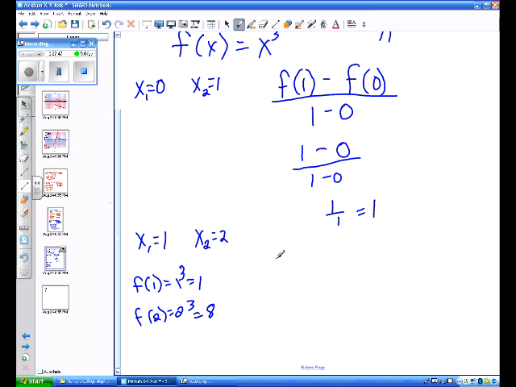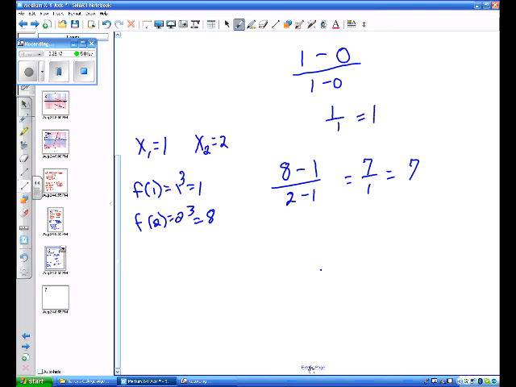So we want f of x sub 2, which was 2, so that would be 8, minus f of x sub 1, which is 1, over x sub 2 minus x sub 1, over 2 minus 1, which is 7 over 1, 7. So our rate of change between 0 and 1 was simply 1, but between 1 and 2, the next two integers, we were growing at a rate of 7.